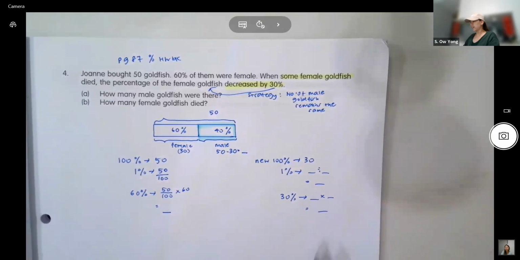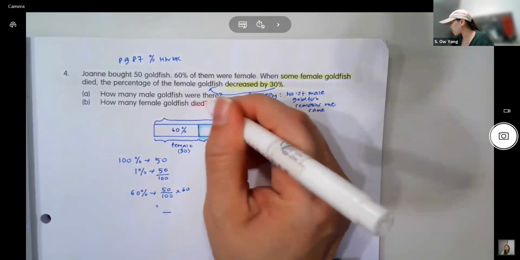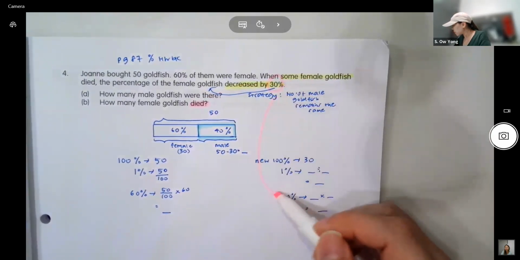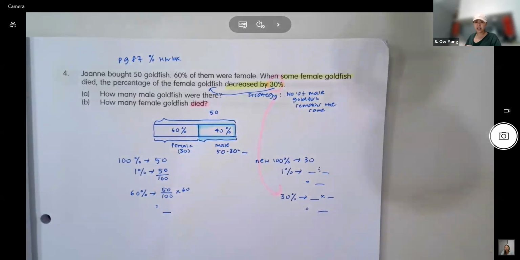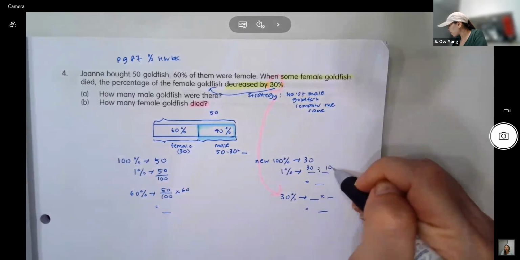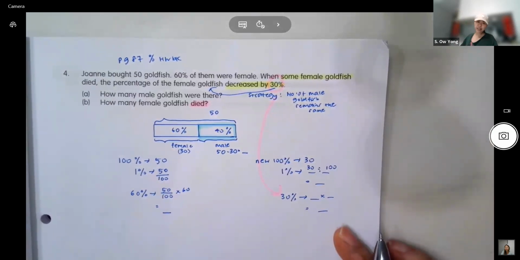Okay, you will see that the number is a single digit because why am I finding 30% only? Because part B is asking how many of the female goldfish died. This is the percentage that the female goldfish died. So please go and write down and work it out. You will get the very nice one-digit number, less than 10.